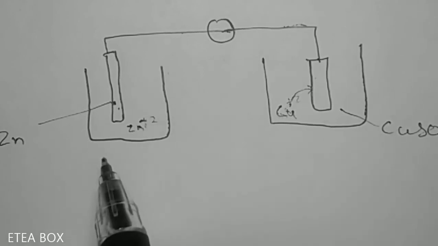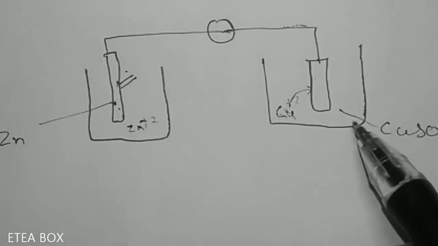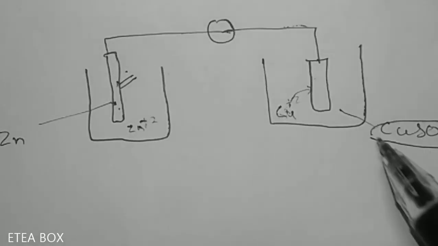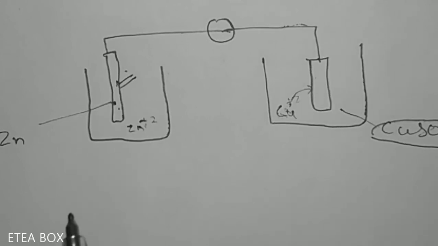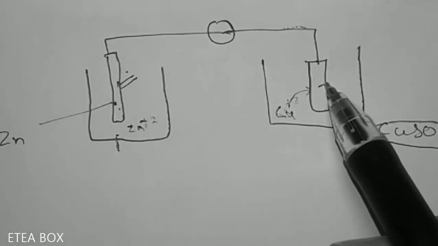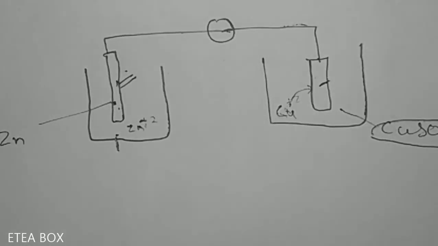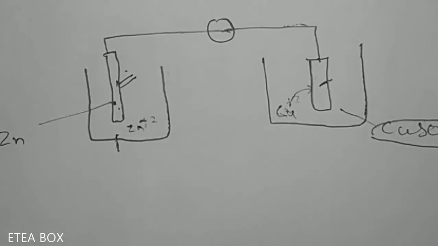So the life period of a galvanic cell depends upon the size of the anode and the concentration of cathodic solution, while it does not depend upon the concentration of anodic solution and the size of the cathode.